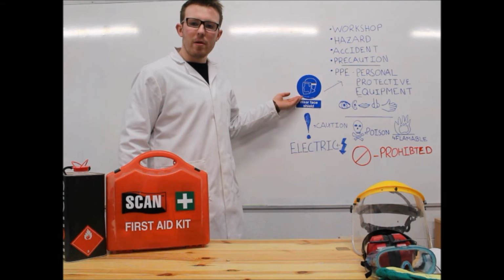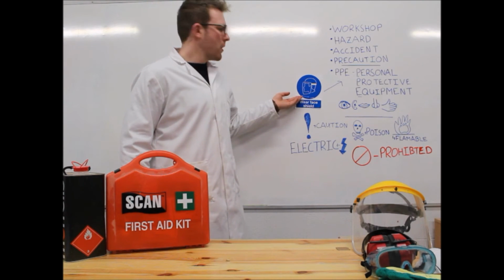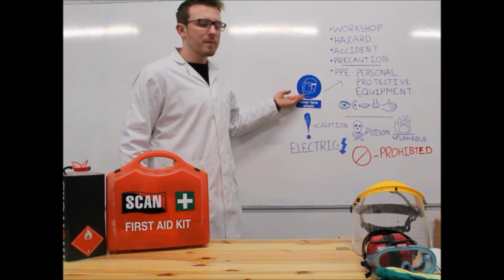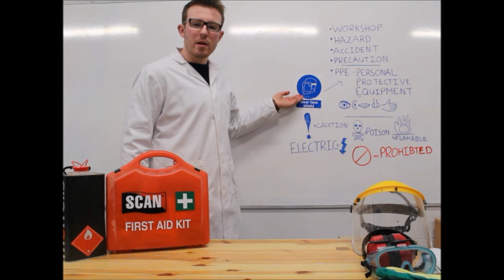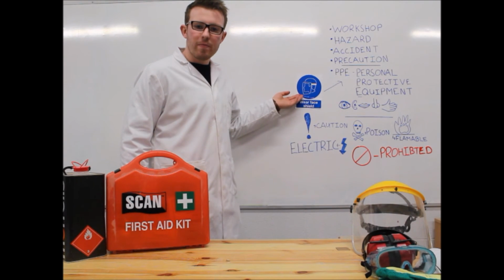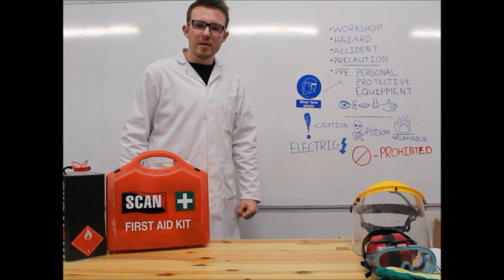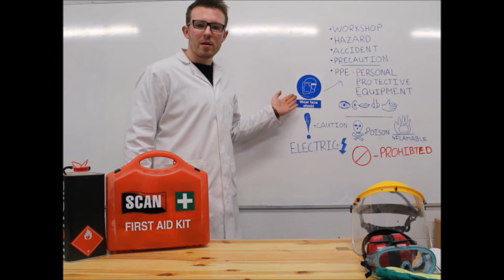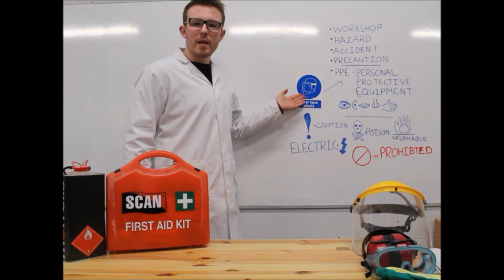This sign, for example, has an image of a student or a worker wearing a face mask. Where this sign is observed, it means anyone using this machine should wear a face mask for their safety. These signs are mandatory. Therefore, where this sign is displayed, it should be adhered to strictly.